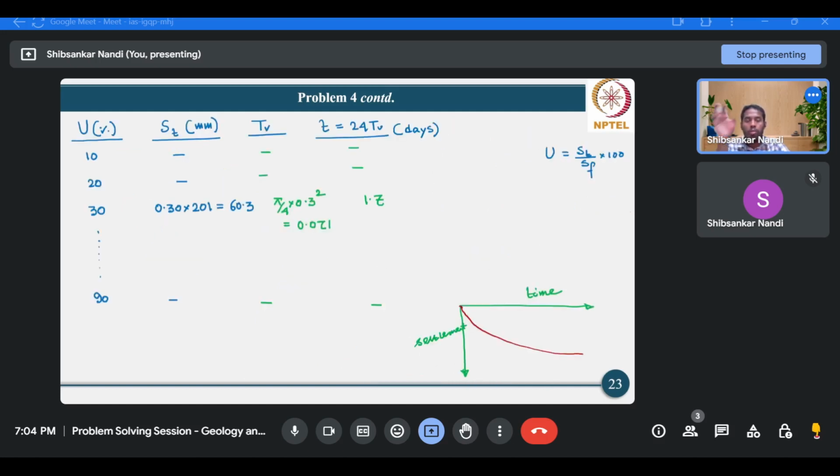Okay, so this will be your time settlement plot. So from this plot, you can say the required time for any degree of consolidation.